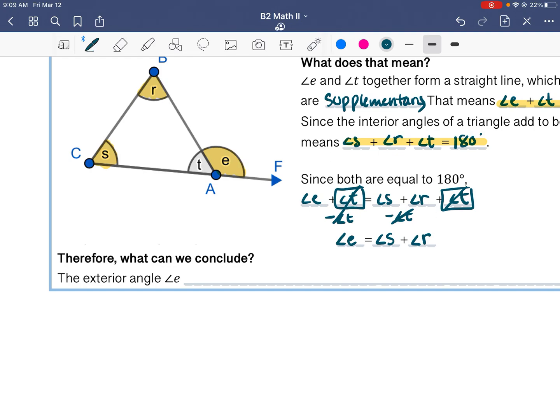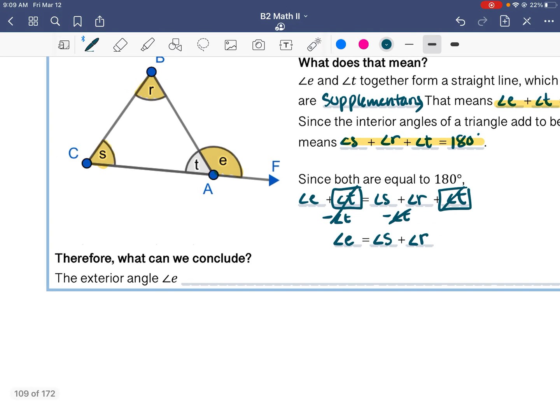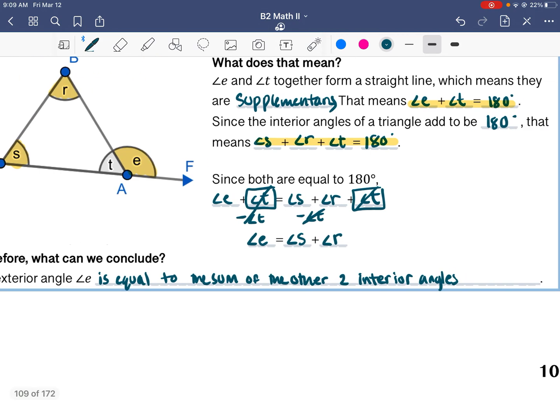So our conclusion is that the exterior angle E, and this is going to be a long sentence, that's why we have a long line, is equal to the sum of the other two interior angles.